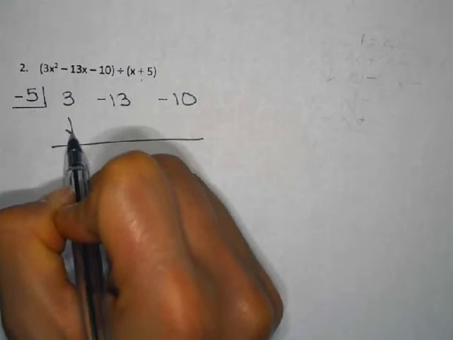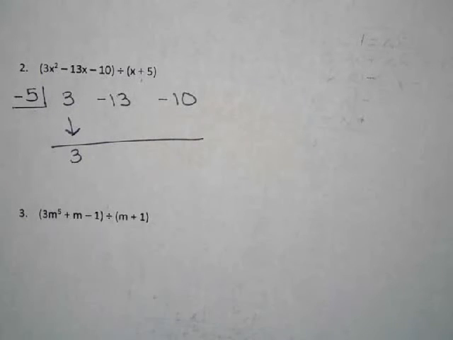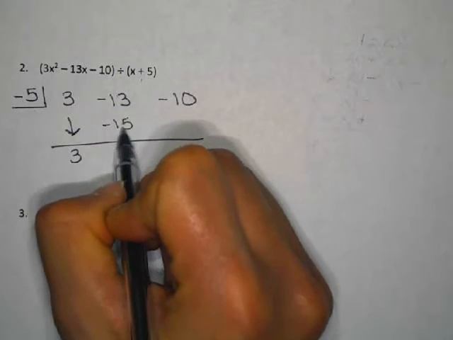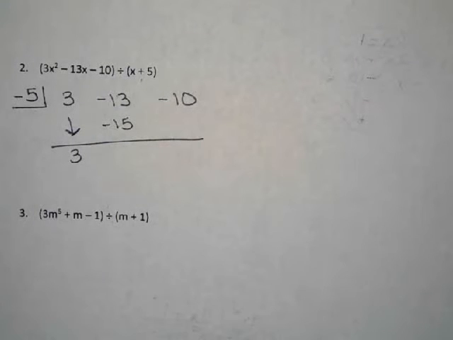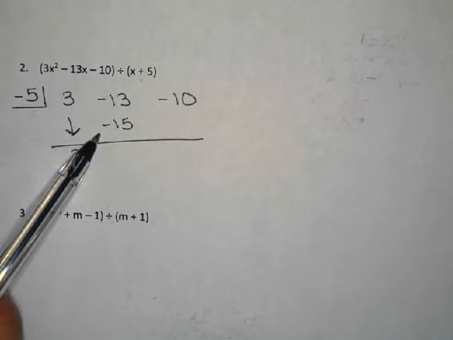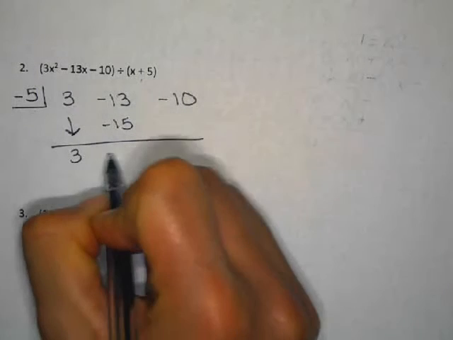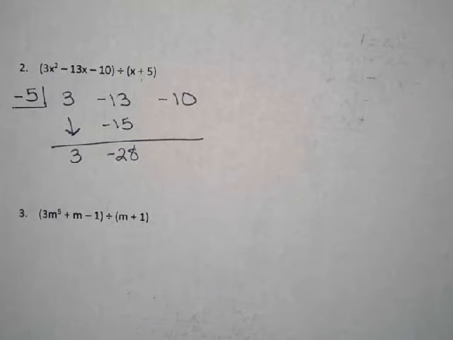Draw this line. You always bring this first term down, so that's a 3 there. And now we multiply. Negative 5 times 3 is negative 15. Now, unlike in long division where you always subtract, so you have to change the signs, you don't have to do that here at all. You're just going to do exactly what it tells you to do. So this is negative 13 minus 15, which is negative 28.